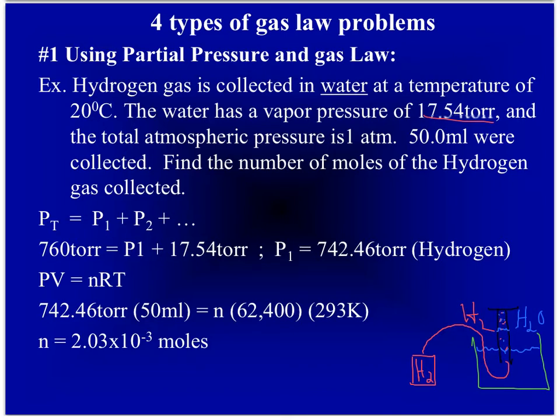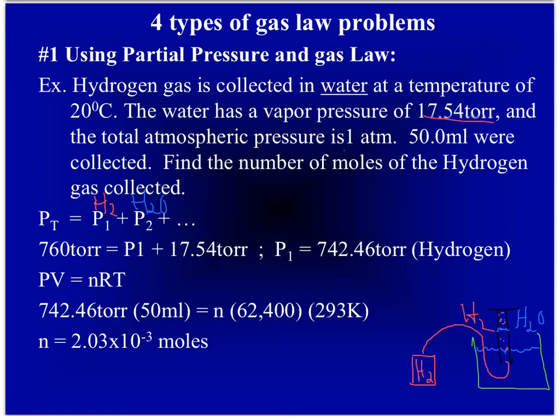What we need to do essentially is subtract out the water vapor in there. So we're going to use Dalton's law to do that. Total pressure equals the sum of the partial pressures. So that's the partial pressure of the hydrogen gas and the partial pressure of the water vapor that's in there.